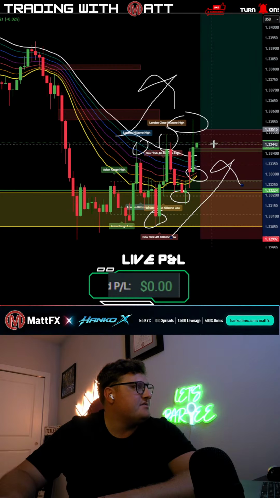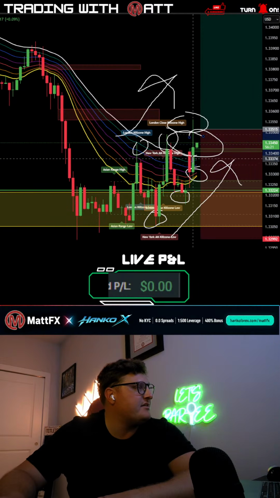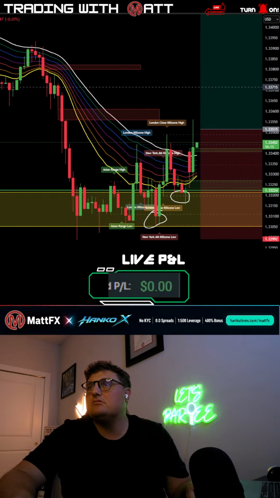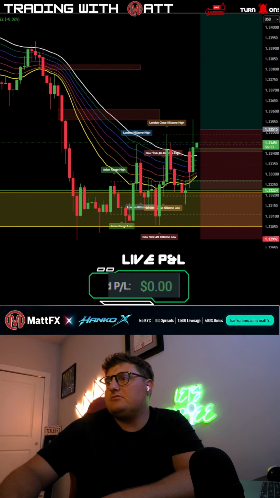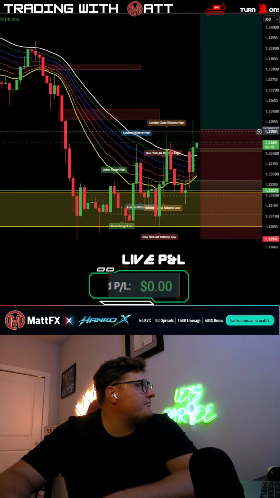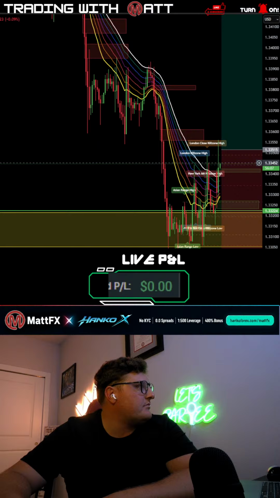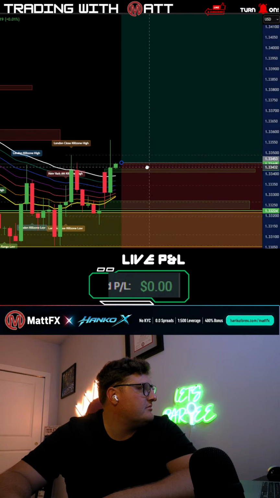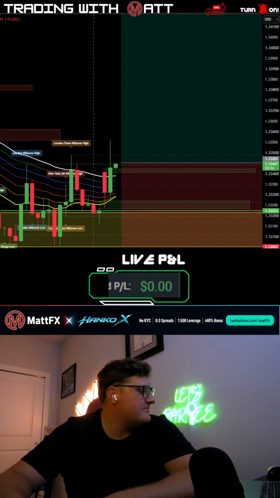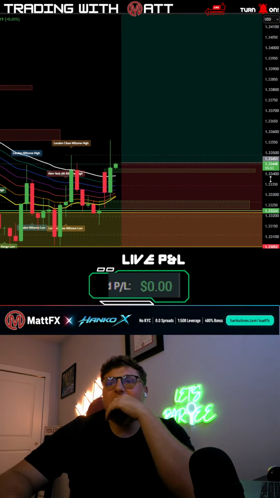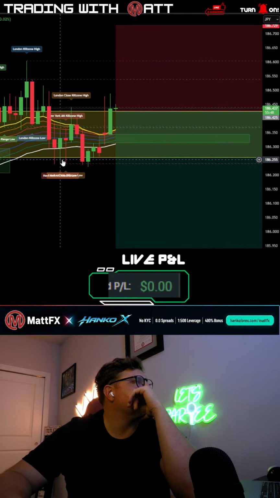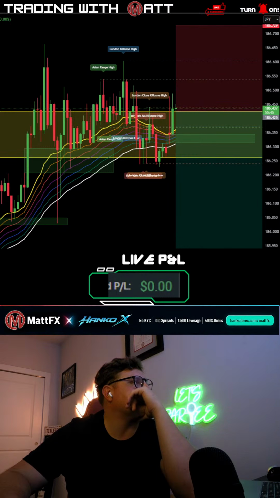If we can hold above this EMA ribbon right here for the next hour, we'd look to take buys toward the upside. Sometimes it's a waiting game, as you guys know. We may keep that as a buy still. Euro JPY looks like it's going to reject pretty hard.